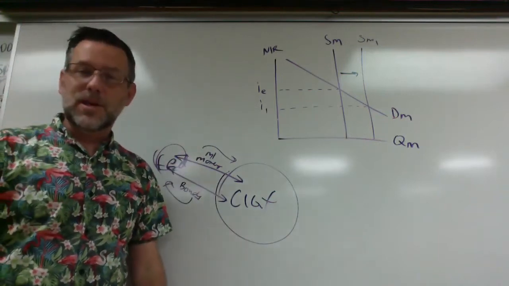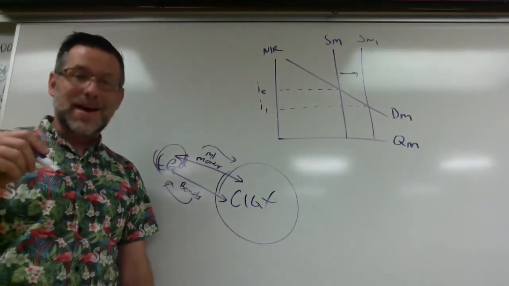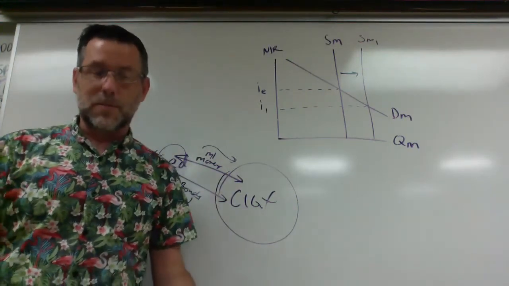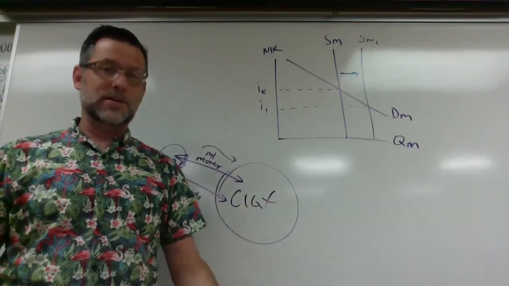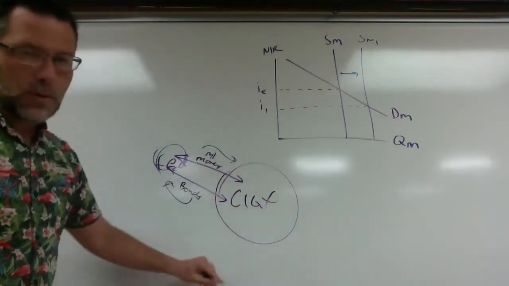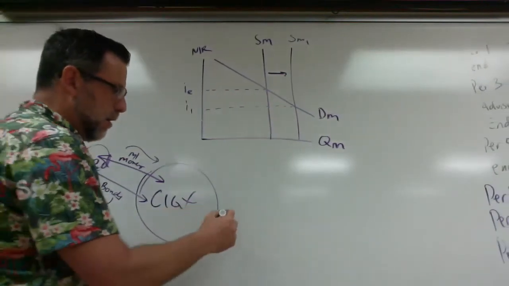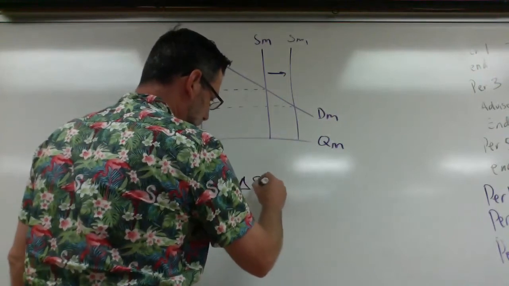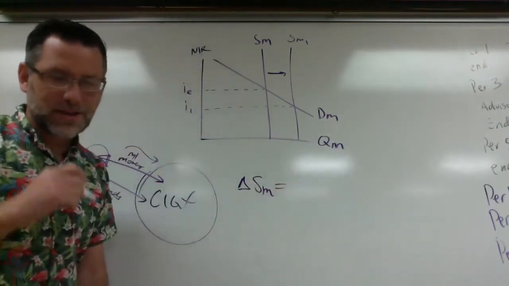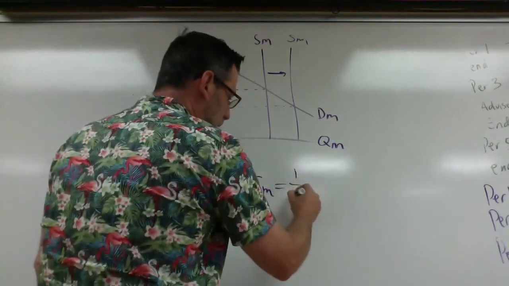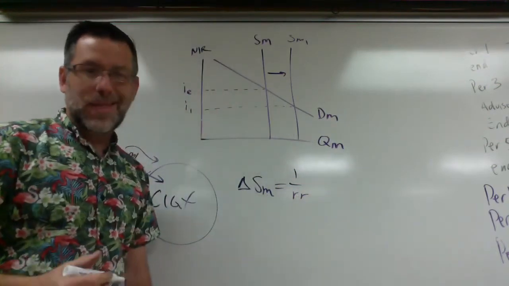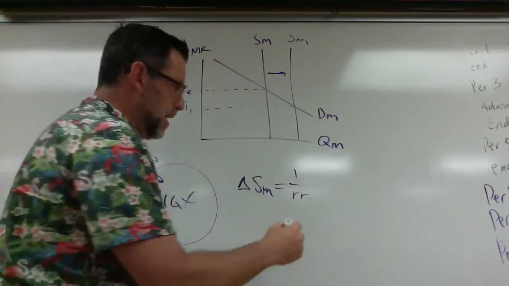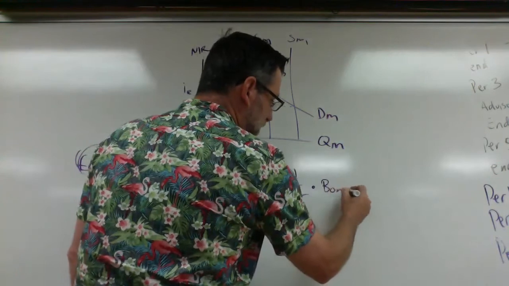So the last thing you need to know is that when we do this buying and selling of bonds, the effect on the economy is bigger than the dollar value of the bond itself. And we use the money multiplier to figure that out. When the Fed buys and sells bonds, the total change to the money supply is going to equal 1 over the reserve ratio, that's the rate at which banks are forced to save the money that's deposited with them, times the amount of the individual bond.